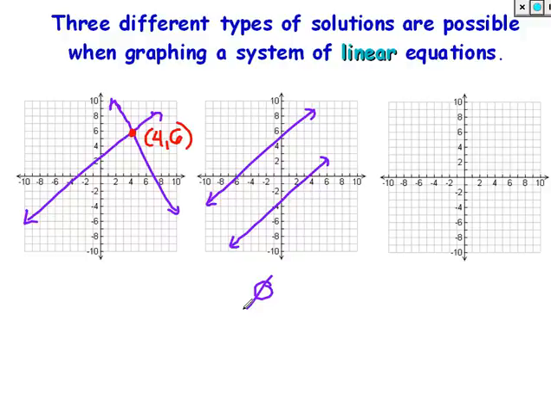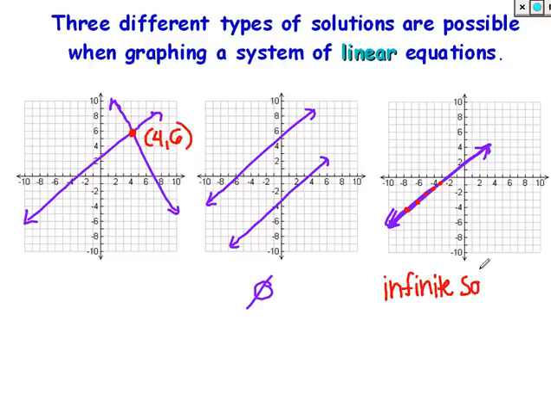The third case is maybe I graph a line and then I look at another line and it's the exact same line. So maybe the lines have the same slope and the same y-intercept, they're the same line. Then what would the solutions be? Well, if I have two lines that are the same, there's an infinite number of points that these lines would have in common. So here, there would be infinite solutions.